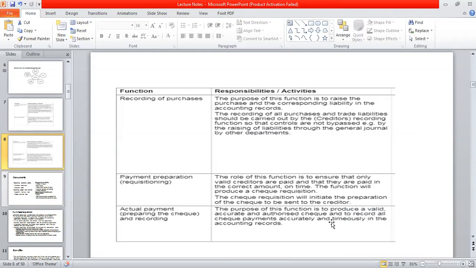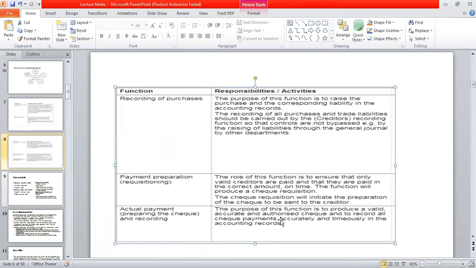They can also initiate the cash requisition form, which will be used by the treasurer to make the payment to the creditor.